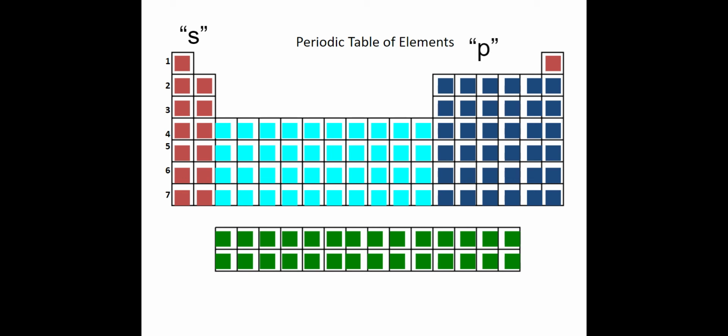The P subshell, the 6 right columns. And for reasons I explained earlier, helium is added on the far right because its subshell is full, just like all the noble gases directly below it.